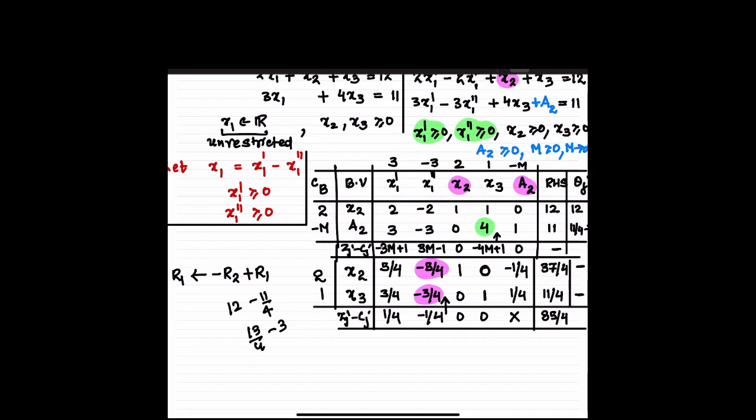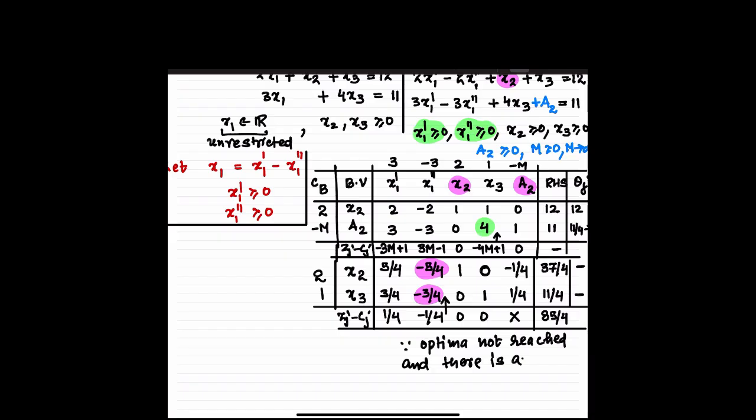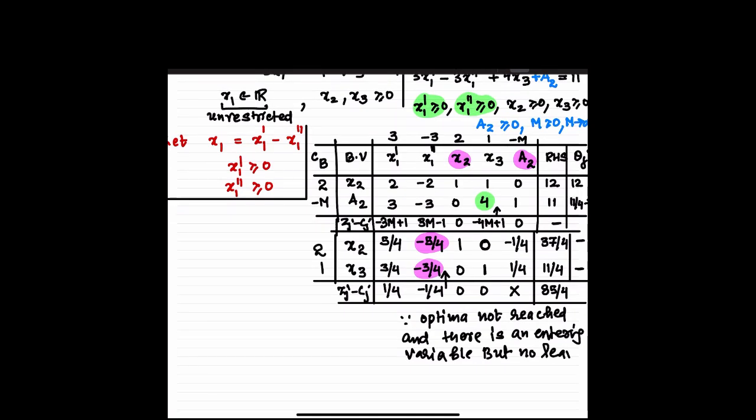This implies that since the optimum is not reached and there is an entering variable but no leaving variable, this implies unbounded objective.